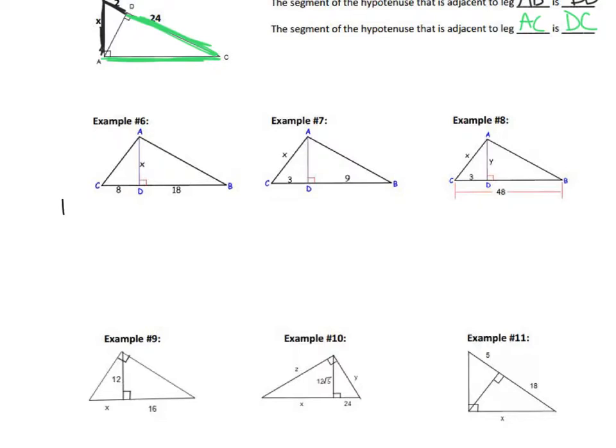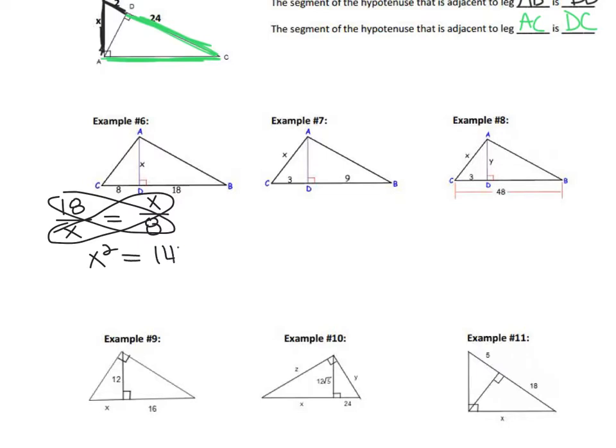We know that 18 over x equals x over the other segment, which is 8. So we cross multiply, and we get x squared equals 144. We take the square root of both sides, and we get that x equals 12.